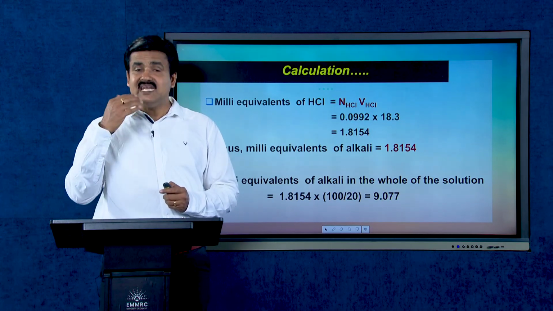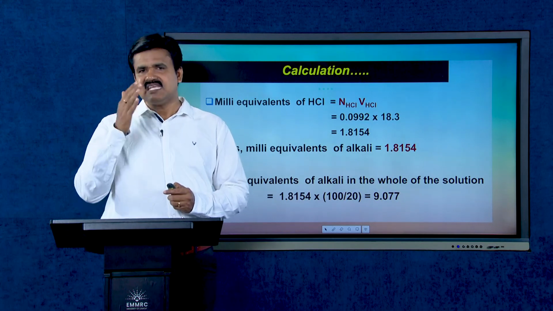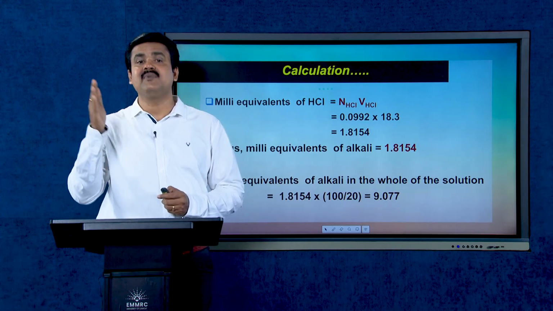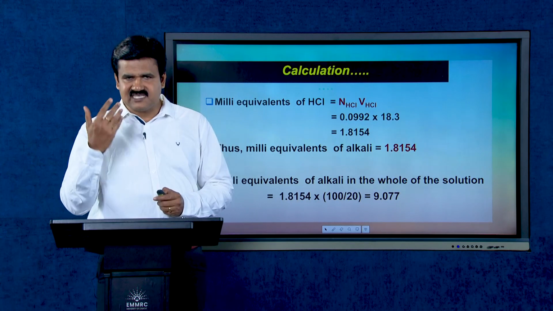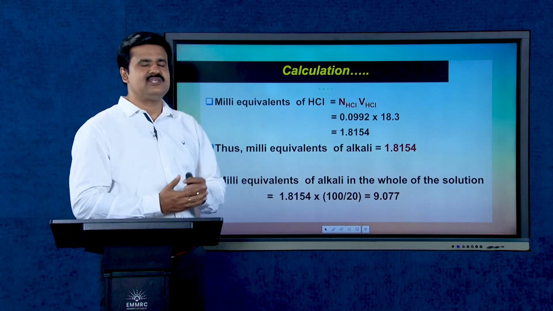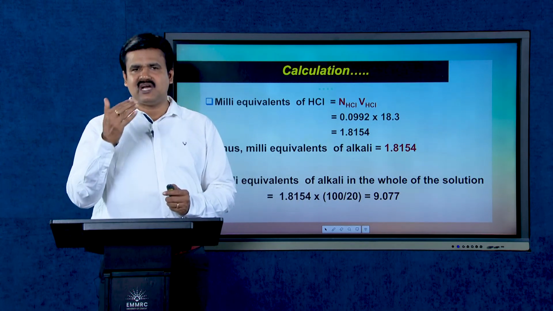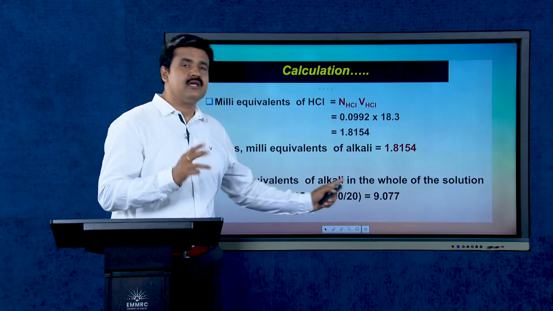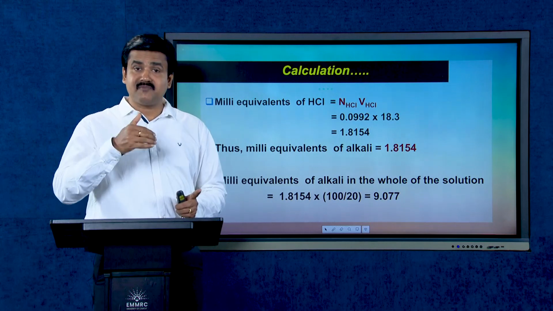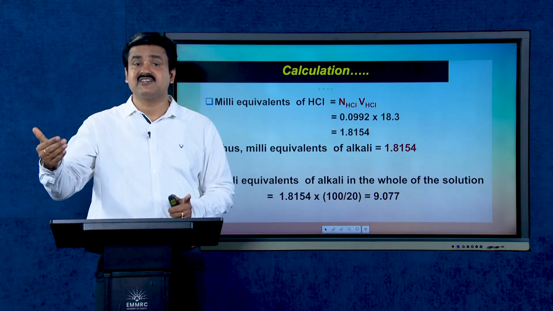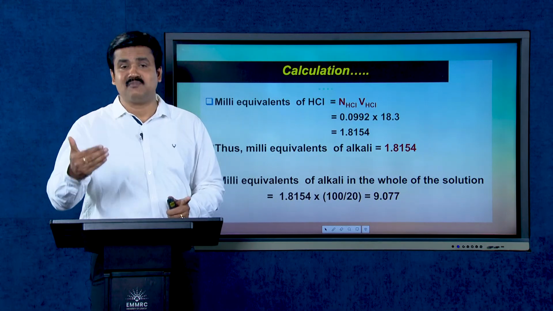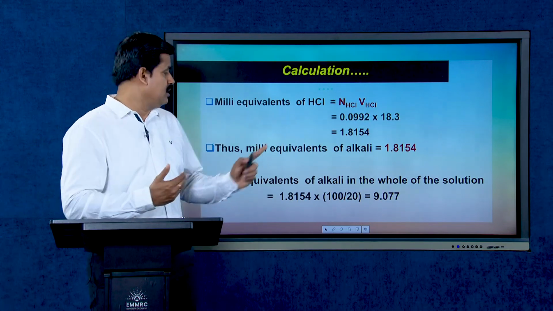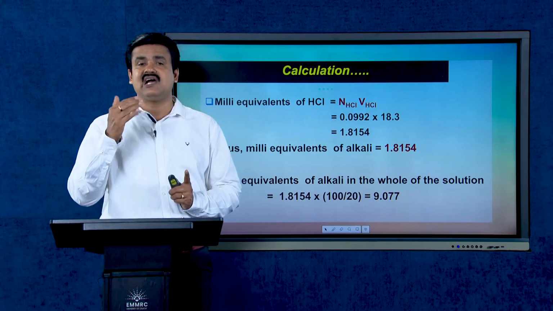So, milli equivalence of alkali in the whole of the 100 ml solution you prepared is equal to 1.8154 into 100 divided by 20. This milli equivalent is present in 20 ml. So, number of milli equivalents in the whole of the solution of 100 ml will be equal to 1.8154 into 100 by 20.